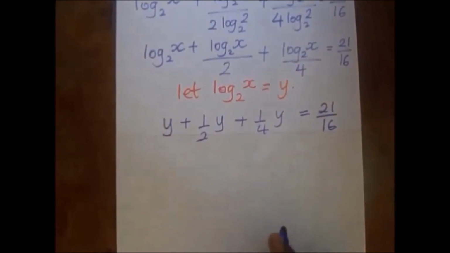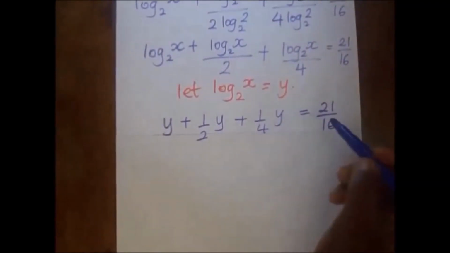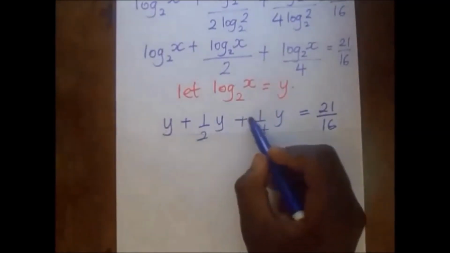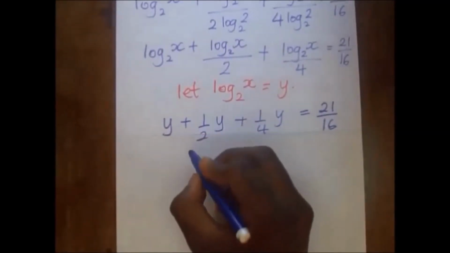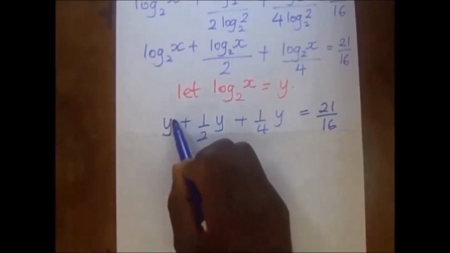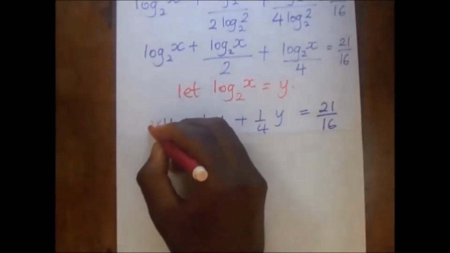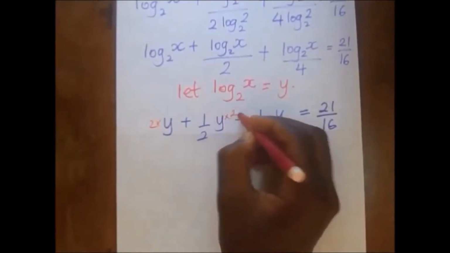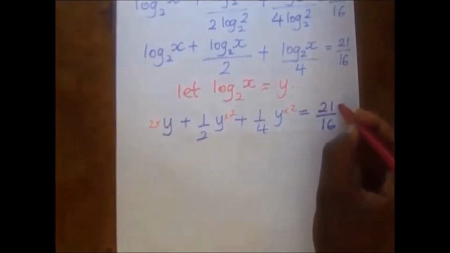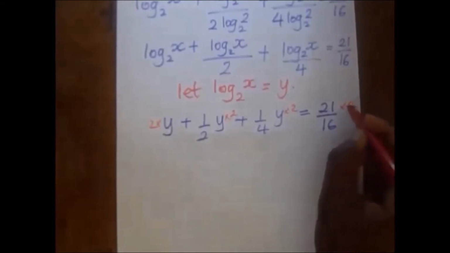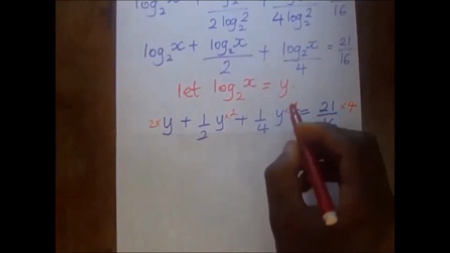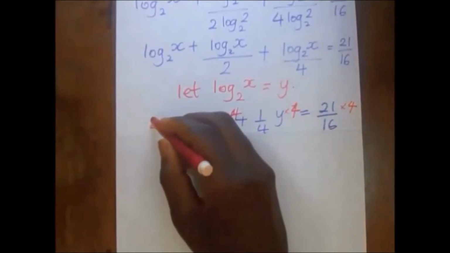So we now simplify this expression and get our value of y. Actually, let's multiply through by 4, because 4 is the highest in the denominator.